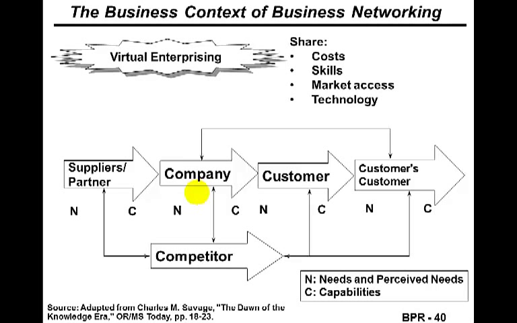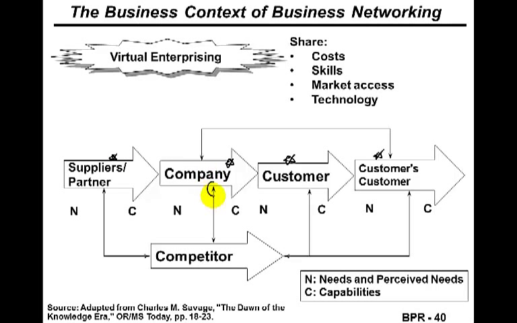Another expanded view of a business process is as a company, is try to look at who are our customer or even who are our customer's customer. And also at the back end, try to work closely with our supply and partner.